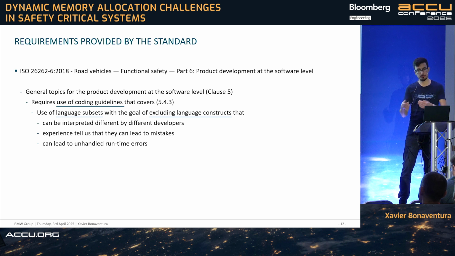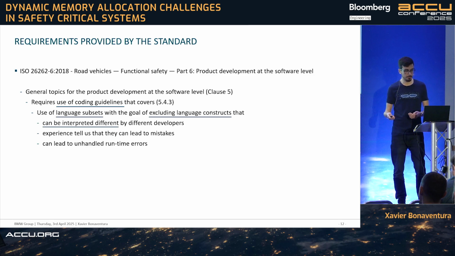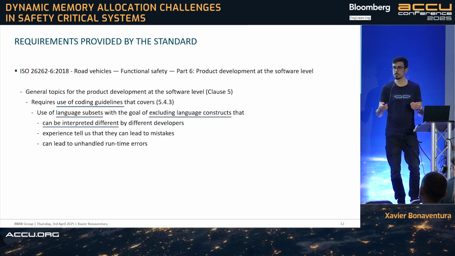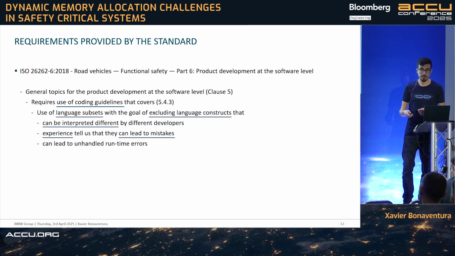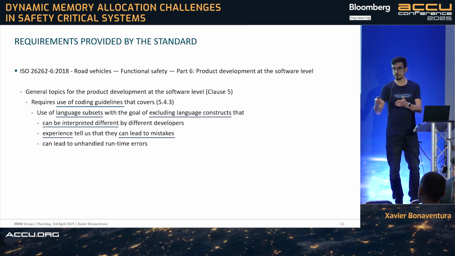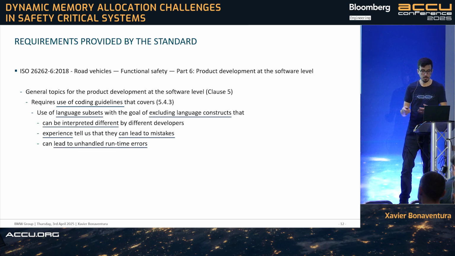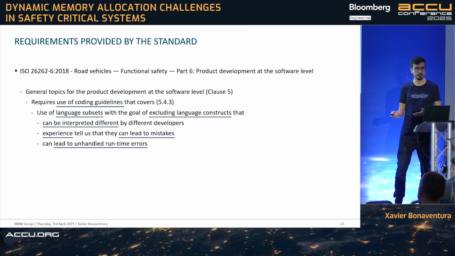We should not use everything from the language. What we want to achieve is to avoid constructs that can be interpreted differently by different developers. That doesn't mean it's good or bad, but if we have different opinions of how it works, that might be potentially dangerous. Experience tells us that it leads to mistakes and usually problems, so we should avoid that, or it can lead to unhandled runtime errors.